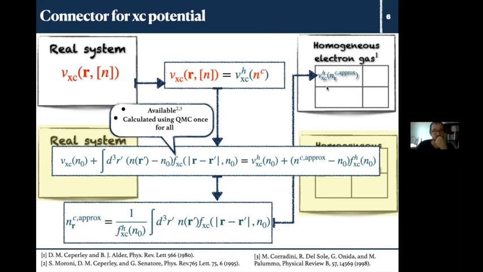So it's not this one. It's a way to give an improved input to the VXC of the gas to get an improved VXC. It's not to get directly the density.